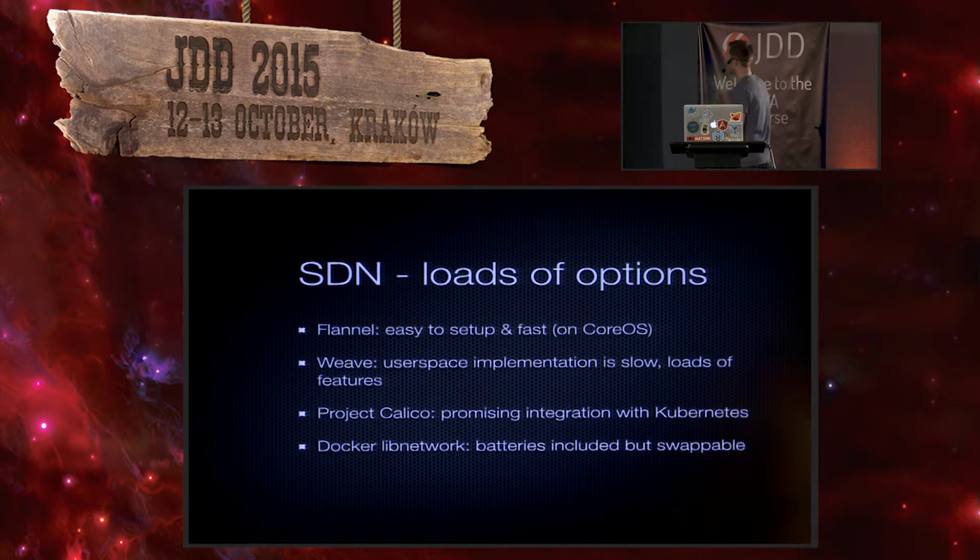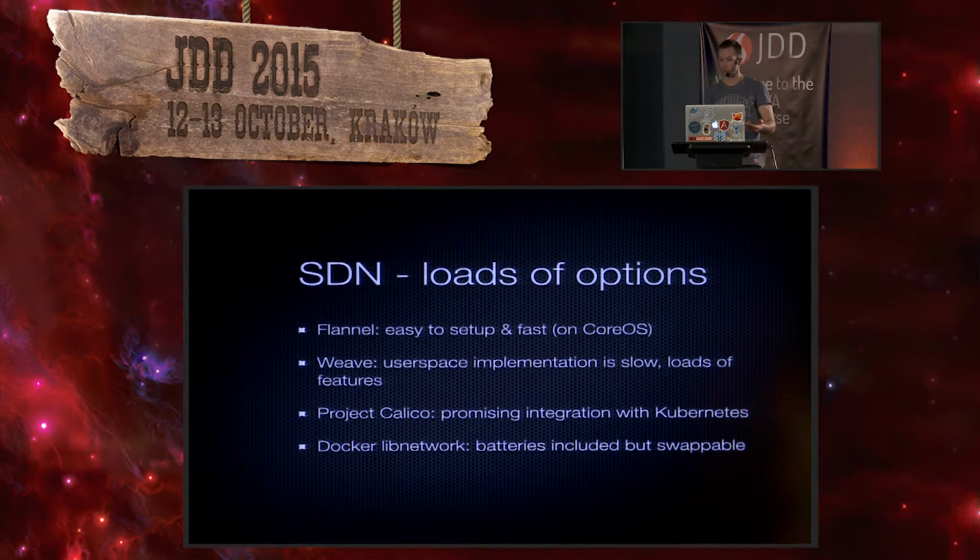And then we're looking at another very interesting project, which is Project Calico, which is kind of a new solution, but they promise deep integration with Kubernetes. And actually they have lots of examples working already. For example, they have the possibility to create completely separated networks for different namespaces within Kubernetes if you have a multi-tenant setup.